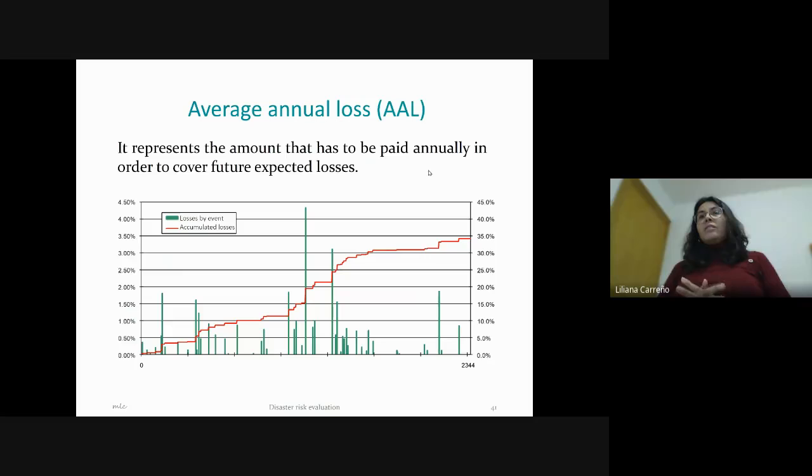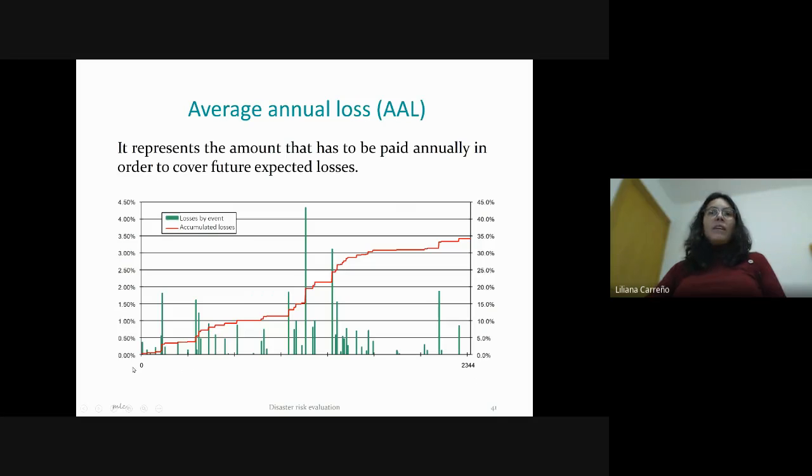Another result of this kind of analysis is the average annual loss. It represents the amount that has to be paid annually in order to cover future expected losses. You can see this more clearly in this figure. The green bars correspond to the losses for different events.